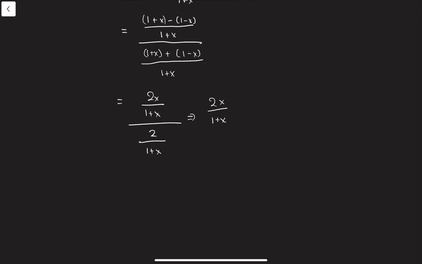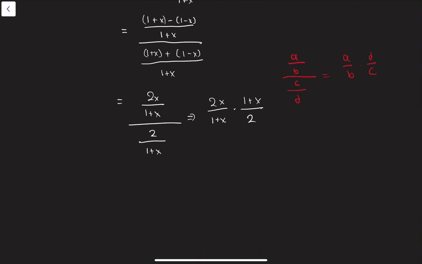Again, this is just basic algebra right here. To show my steps, if you have an equation in this form, a over b divided by c over b, you can say that's equivalent to ab over bc, basic algebra. If you need a little recap on that, that's totally fine.